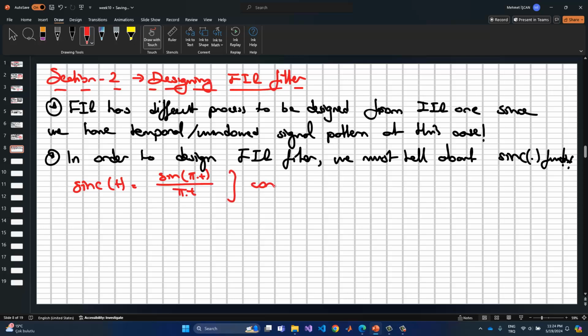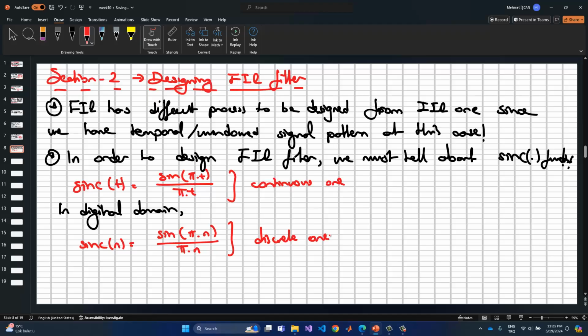This is a continuous one. In the digital domain we have this signal just like this one, where n is the discrete index of the samples: sin(pi n) divided by pi n. This is the discrete one.